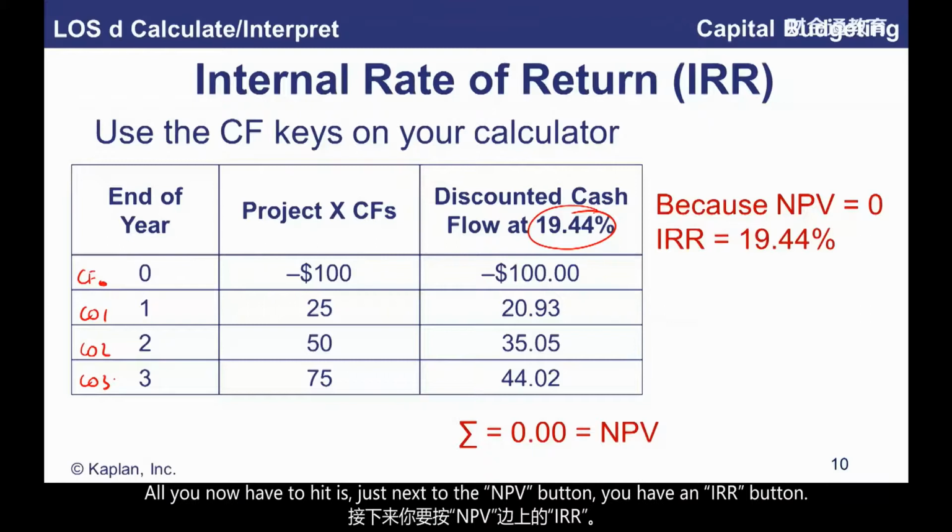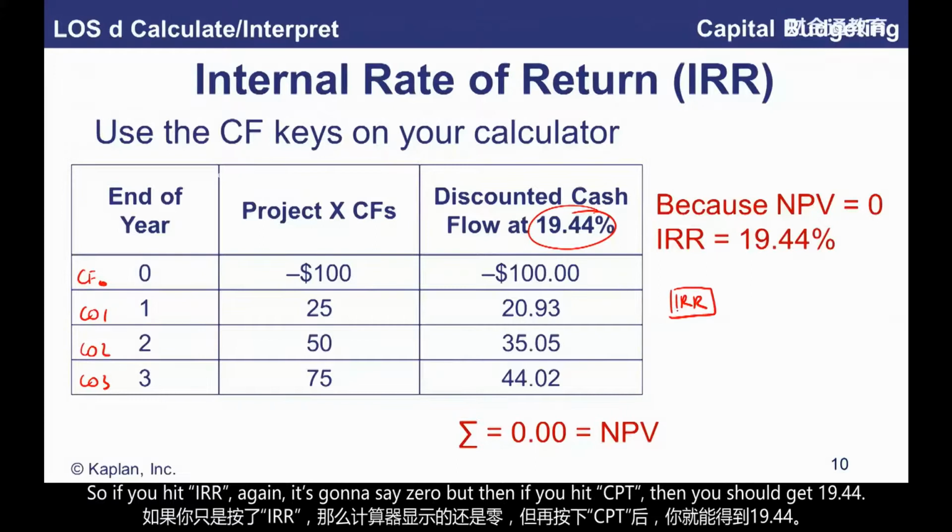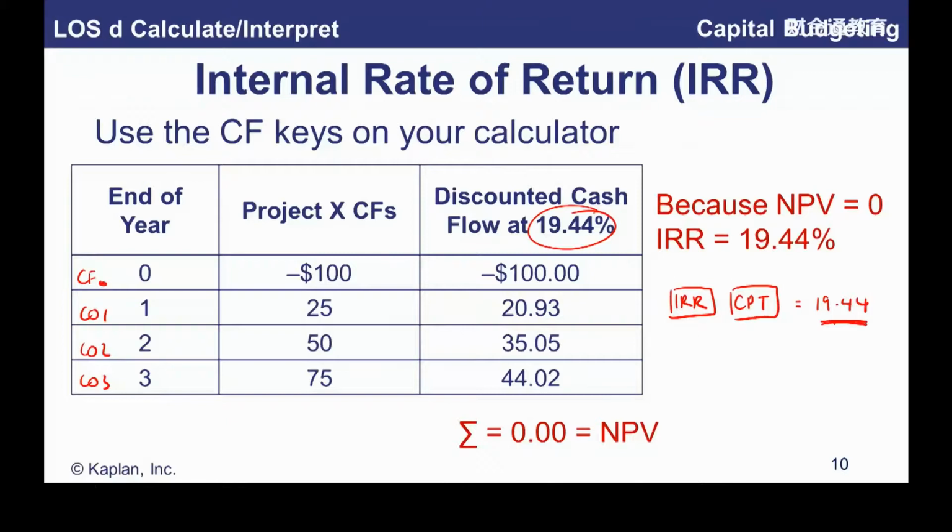All you now have to hit is just next to the NPV button, you have an IRR button. So if you hit IRR, again, it's going to say 0, but then if you hit compute, then you should then get 19.44. Okay, so actually doing IRR calcs is quite nice.